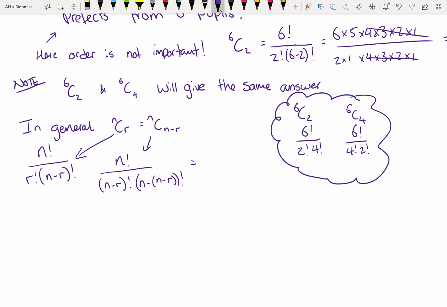That tidies up, and we can see we end up getting the same thing. We just swap our terms in the denominator about, so we get the same 2 factorials, just the order in which they come in is slightly different.